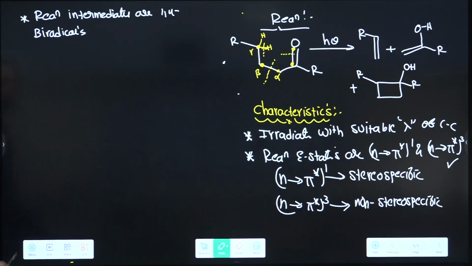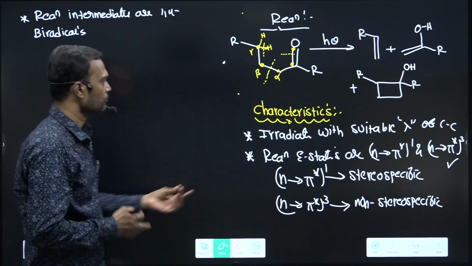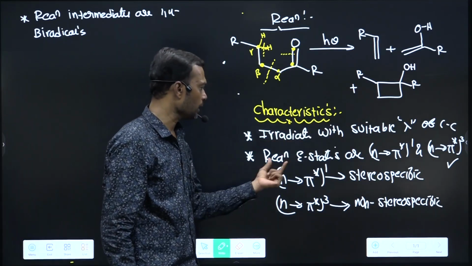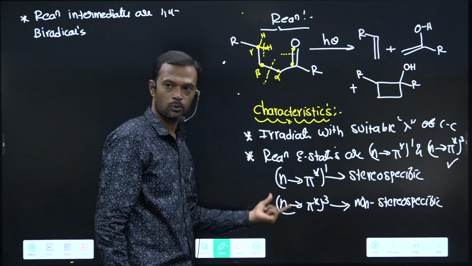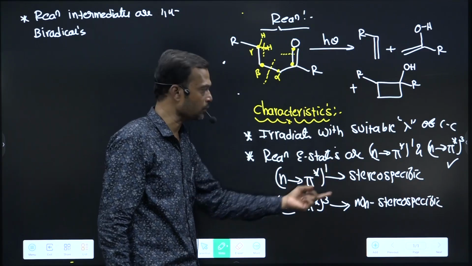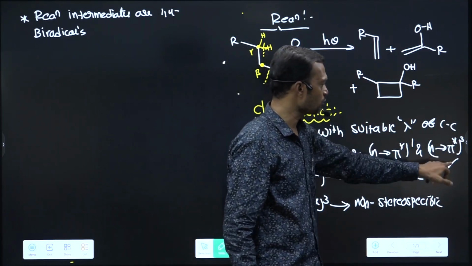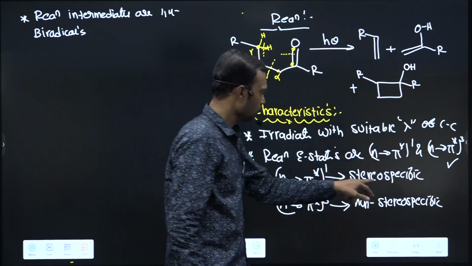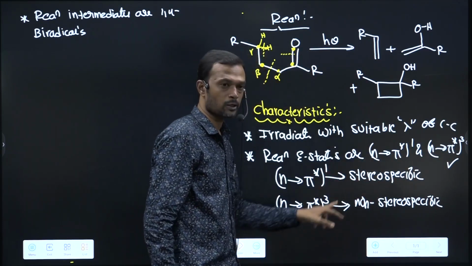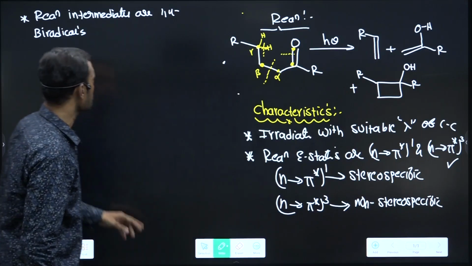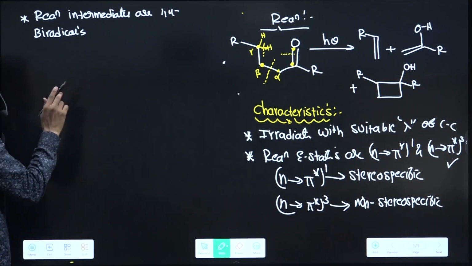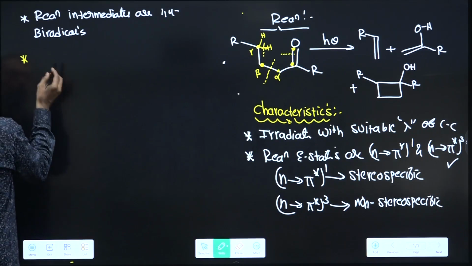Irradiated with suitable lambda of carbonyl, the excited state is singlet or triplet, both are possible. Triplet is more efficient as compared to singlet. Singlet reactions are stereospecific, triplet reactions are non-stereospecific. Intermediates are 1,4 biradicals. Okay.